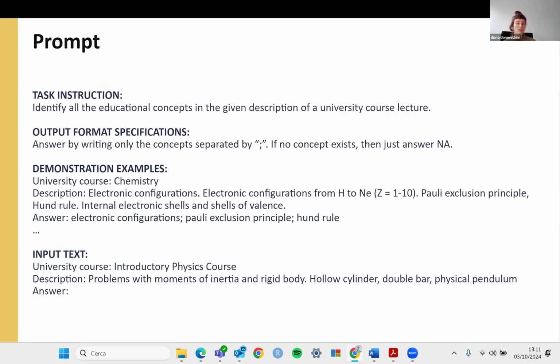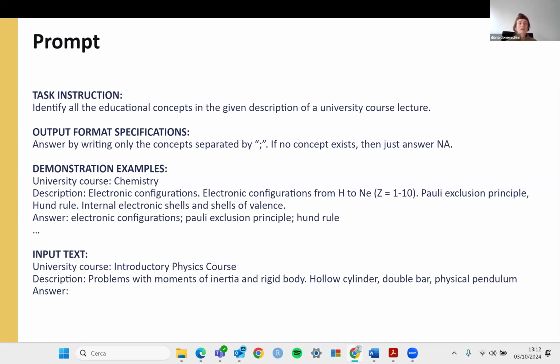Okay, so here we have a prompt example, which is divided into parts. The first part is the task instruction, where we specify that we want to extract educational concepts from descriptions of university course lectures.